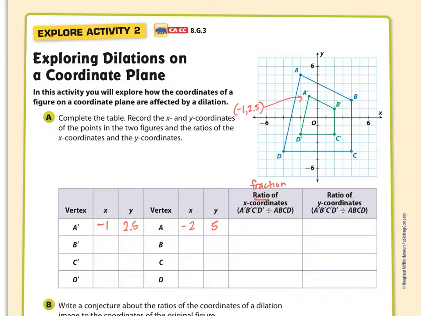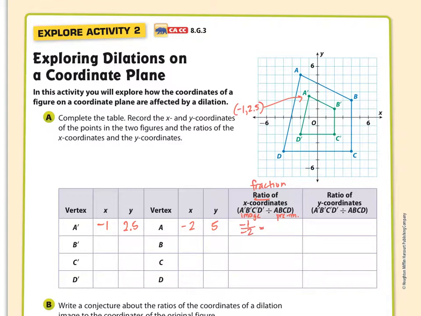We're going to divide the image, you see here it says A prime, B prime, C prime, and D prime, divided by the pre-image. So the ratio of the x-coordinates means I'm going to take this x-coordinate, my image, divided by this x-coordinate. It's going to be -1 over -2.